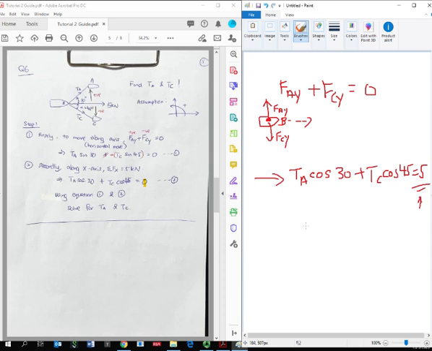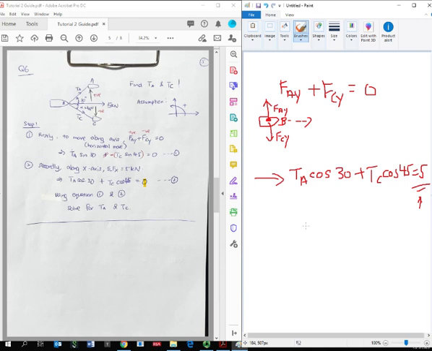So when you have these two equations, you have TA and TC. You have two equations, so you can use simultaneous equations, by finding one of them, TA first or TC first, and then put back into the equations to find the other one.